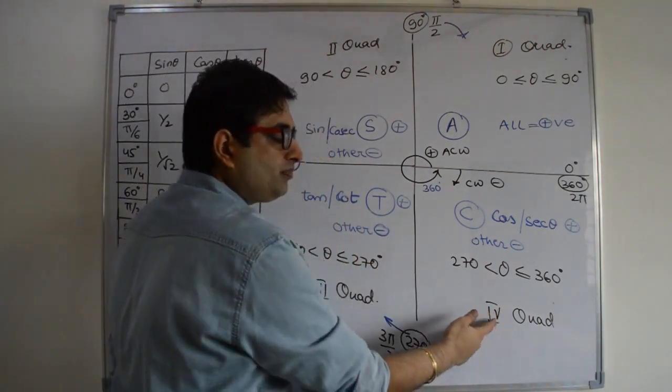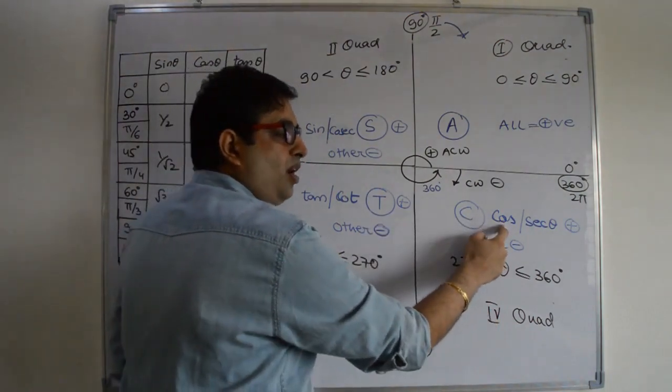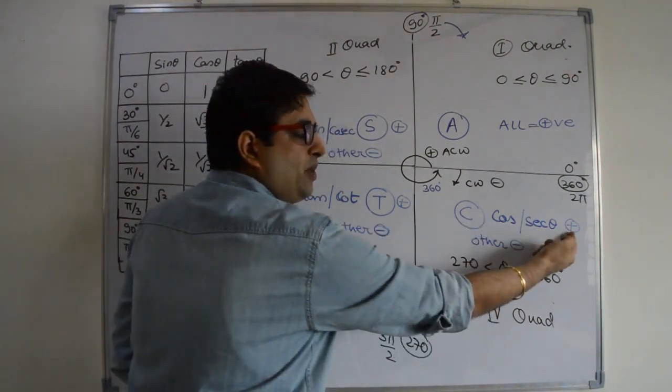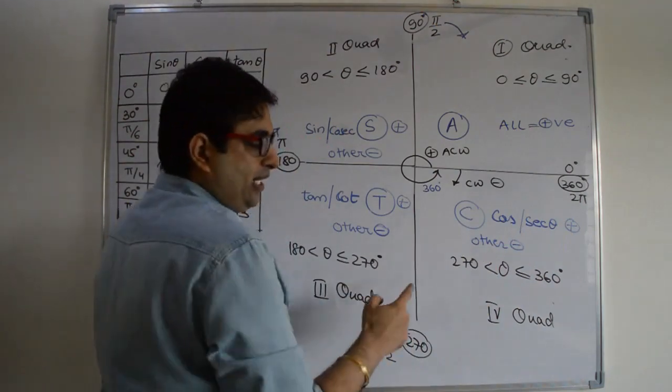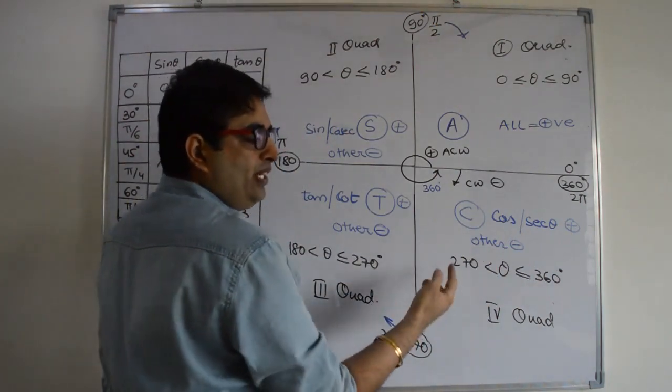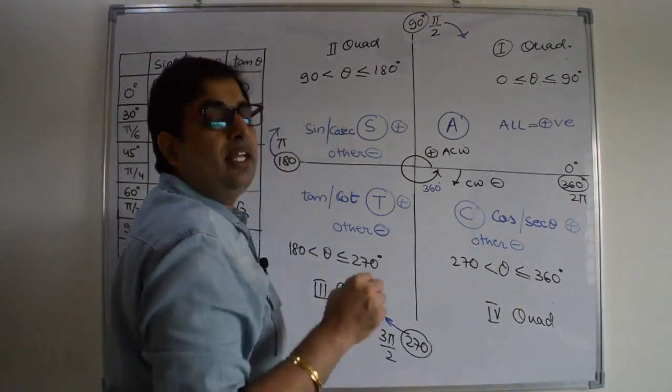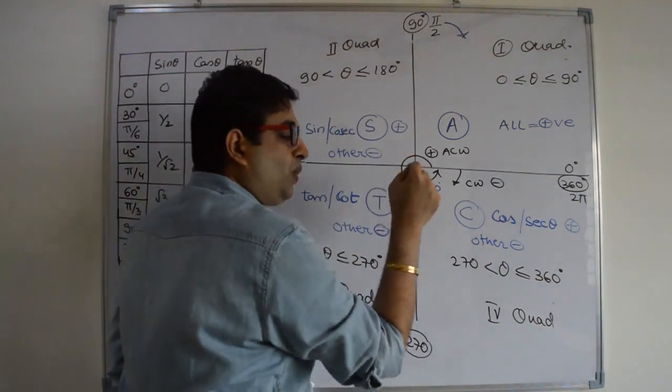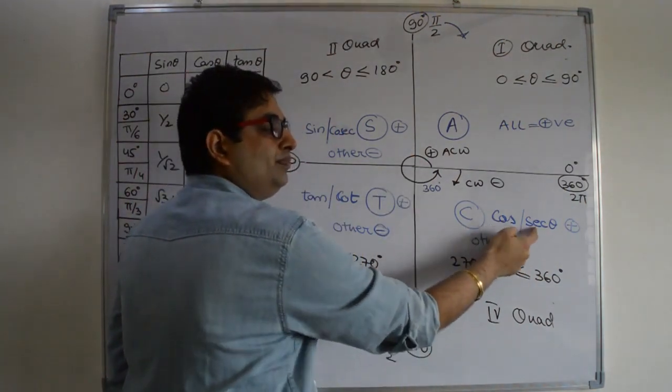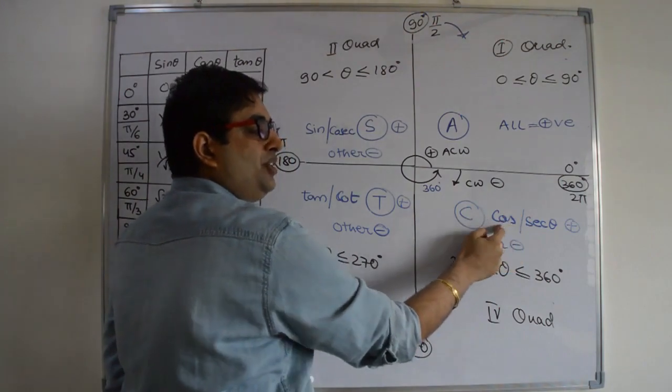Fourth quadrant. In the fourth quadrant, cos and its inverse sec theta are positive, others are negative. That means if the angle is more than 270 up to 360 degree, then all the ratios other than these two will be negative.